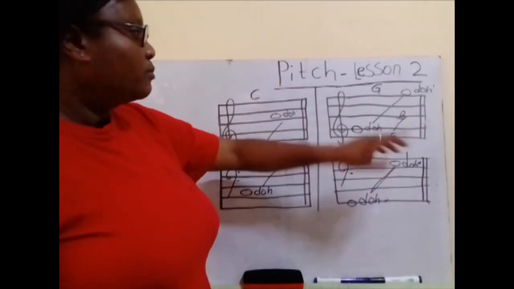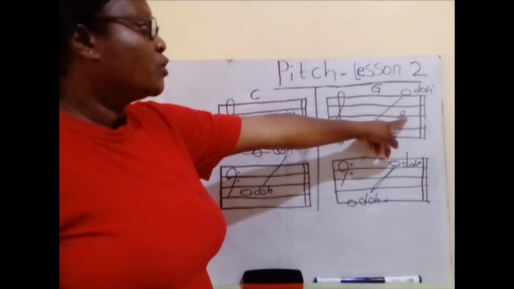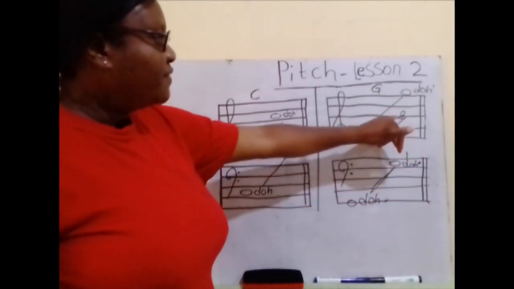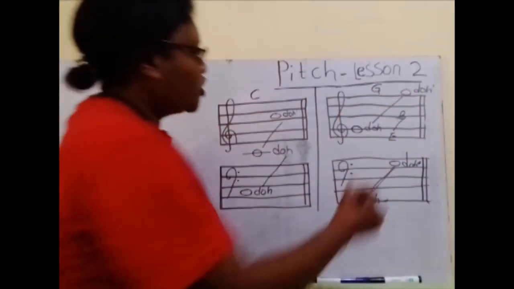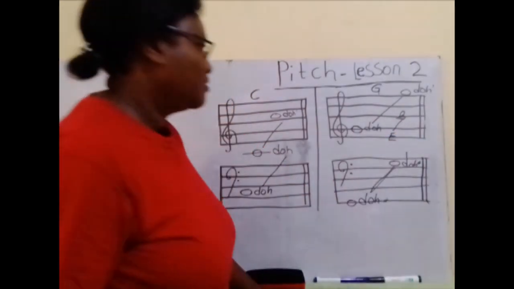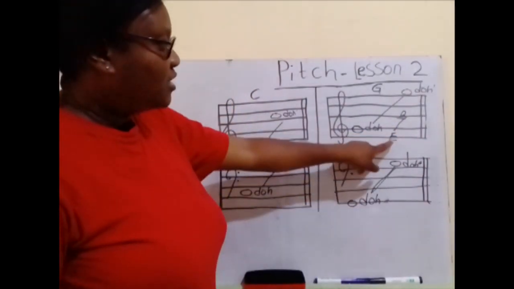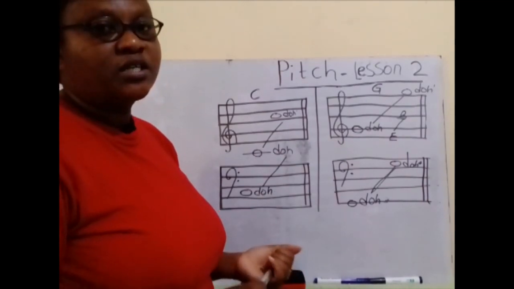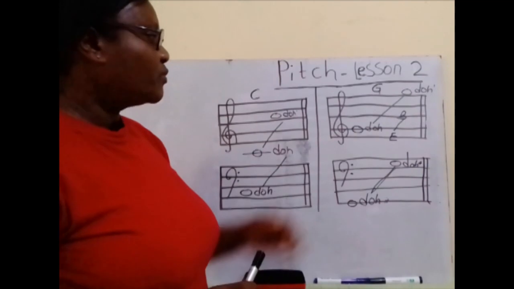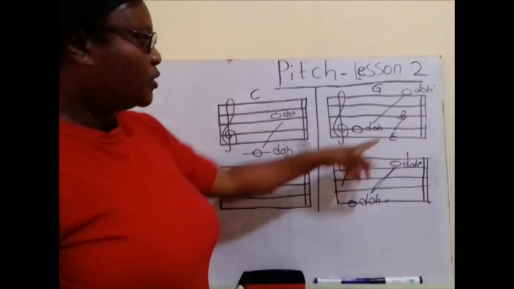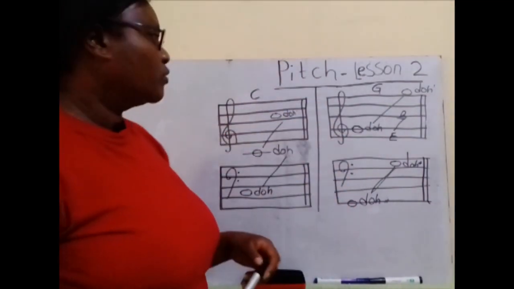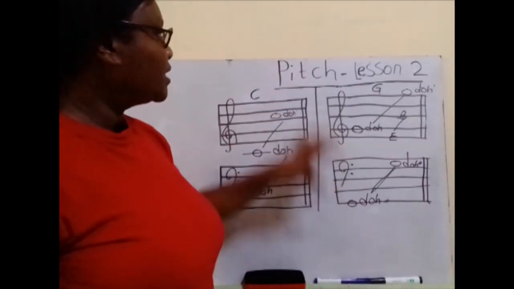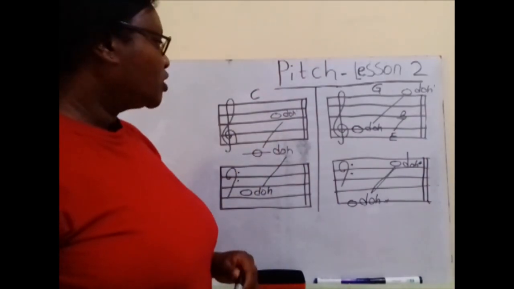Let's assume that they were supposed to sing on B, the ladies or the sopranos, and then you happen to pitch here on this E. It will be too low for them, and they are not going to sing correctly. The vocal ranges will be very low, because you can see the difference in interval. We shall come to intervals in the future. So today, let's only talk about pitch.